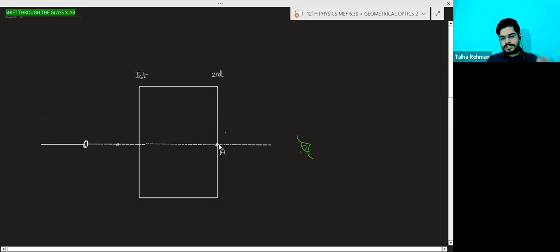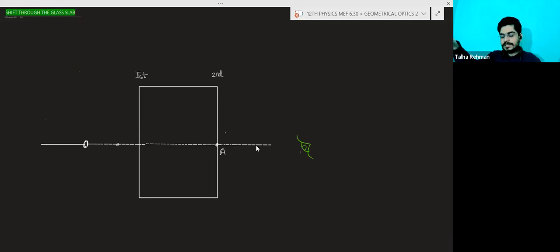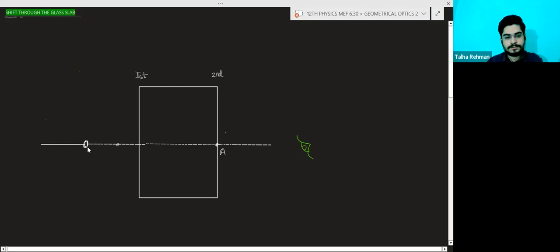Eyes have the ability to see in a straight line always. We always see in a straight line, not like this, like this. And this is the object here.